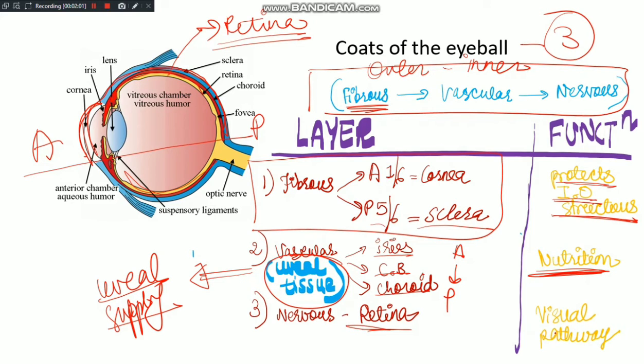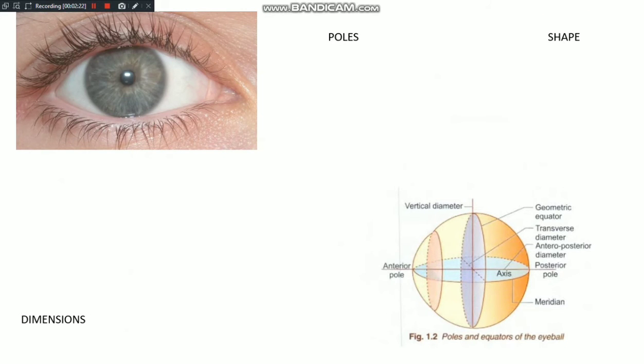The function of the nervous layer is that it is a component of the visual pathway, and it projects the visual image. Whatever we see, it projects to the visual cortex through the visual pathway, so that it helps in performing visual functions.